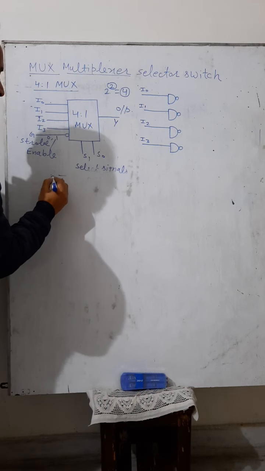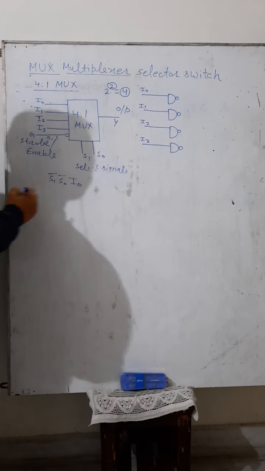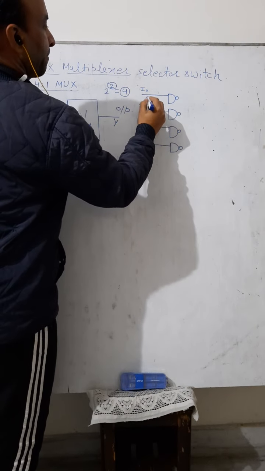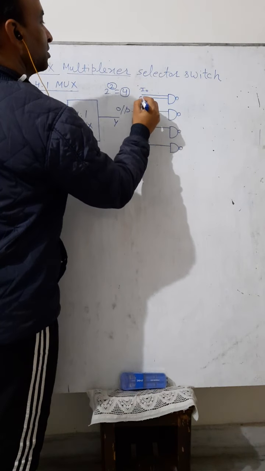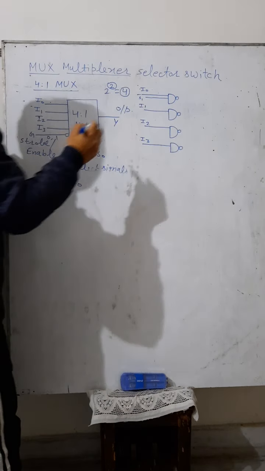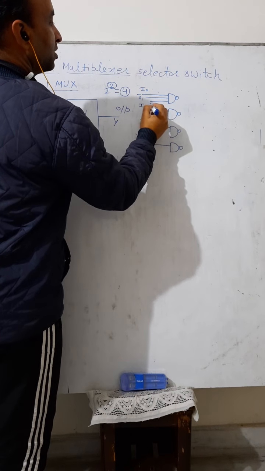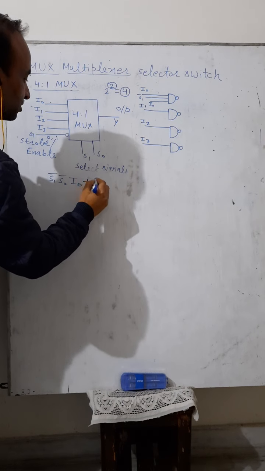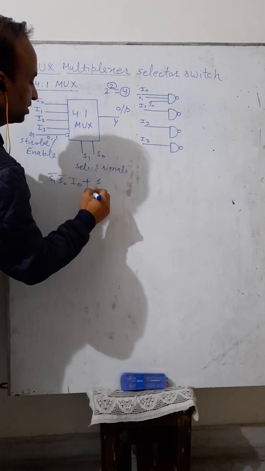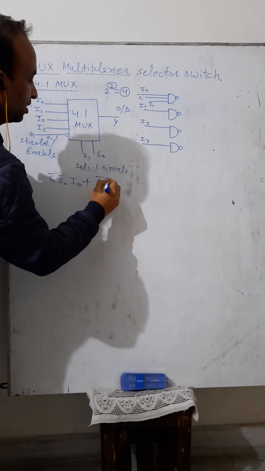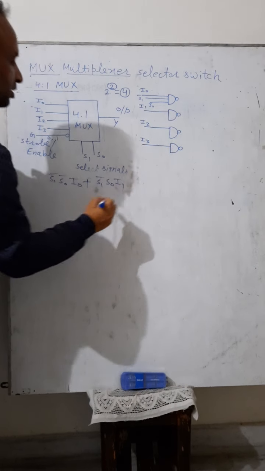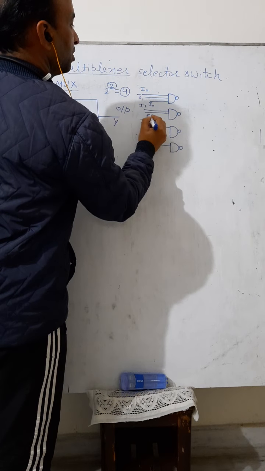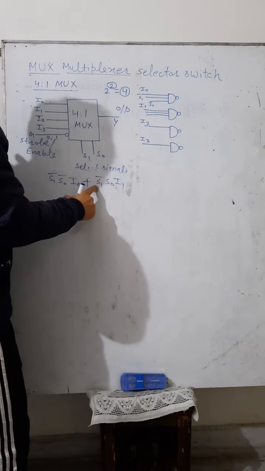So we use S1 bar, S0 bar as two more inputs. Then the next term, S1 bar, S0, I1, so two more inputs, S1 bar, S0.